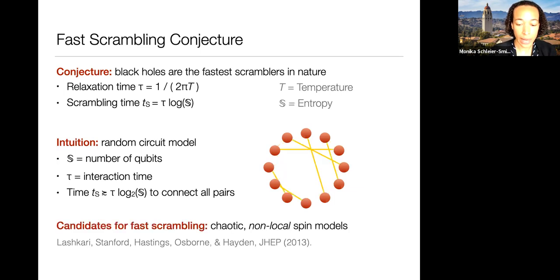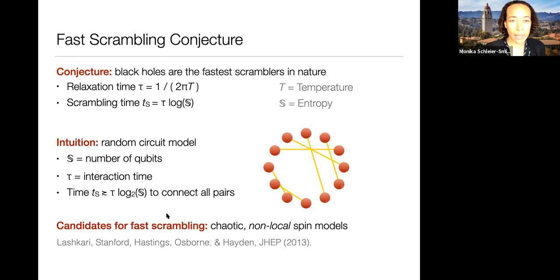If I randomly reconnect, information will spread from 1 to 2 to 4 to 8, and in a logarithmic number of time steps it will spread over the entire system. That's the intuition for how fast scrambling can happen and how you can get this logarithmic time scale. And that's why local interactions tend not to do that. You need something more non-local.